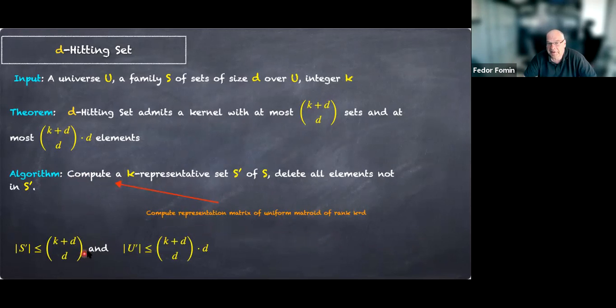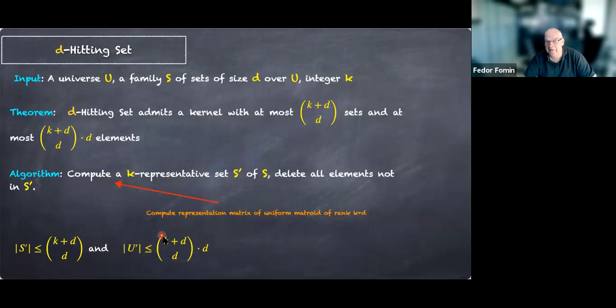Well, this is what we proved in our theorem: this algorithm produces a representative set of size at most k plus d choose d. Every set in S is of size d, and I'm looking for k-representative sets, so in total the size of the set will be d plus k choose k.